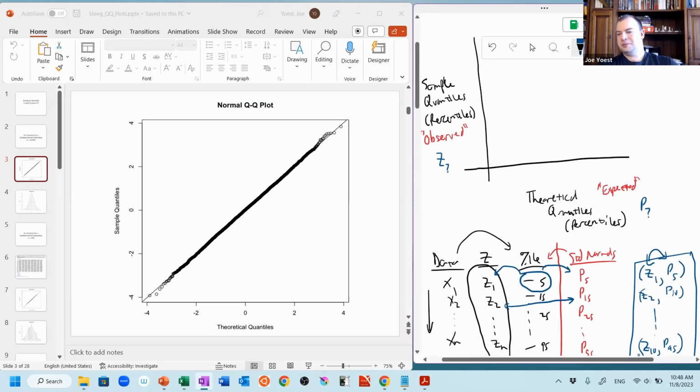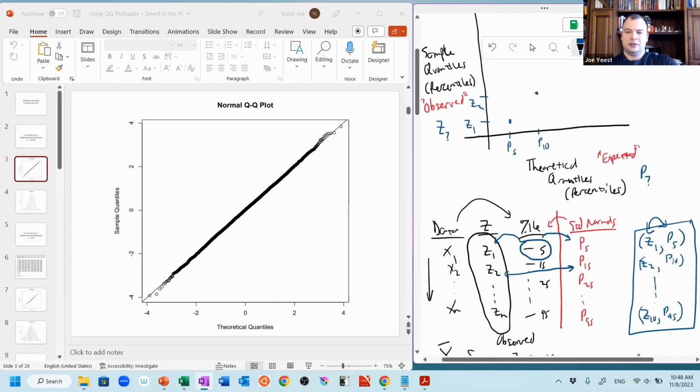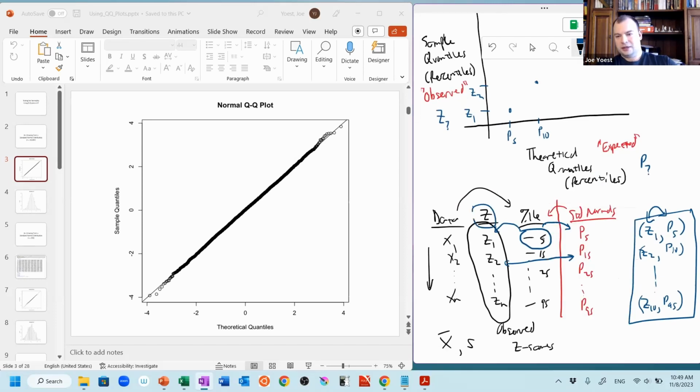But I would plot, say, Z1 and P5. Maybe that's a point here. I might plot Z2 and P10. Maybe that's a point here, and so on. Now, remember what I did down here. I said, on one hand, I have Z indices for my actual data.